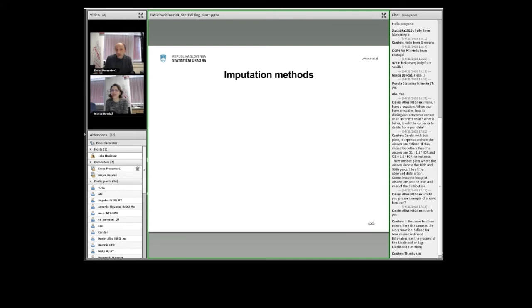Usually you have to rely on subject matter knowledge. They have to estimate whether it is possible that the value is so high. Here the technology will not help you very much. If in your data you get a person who was traveling and spent in Slovenia, let's say, 3,000 euros in one week, is it possible?